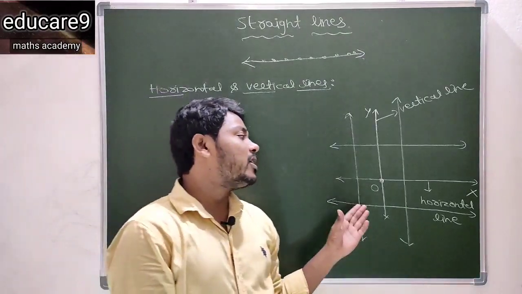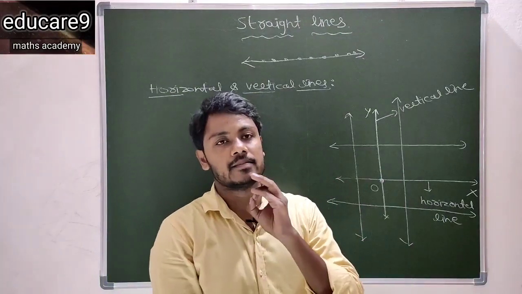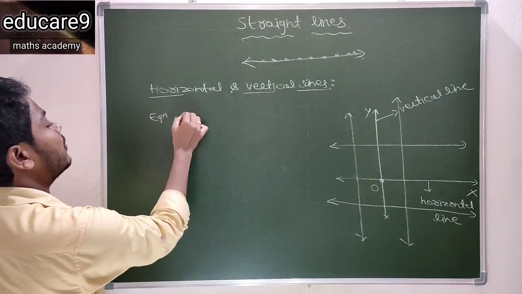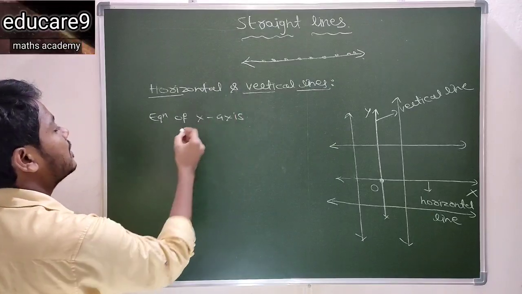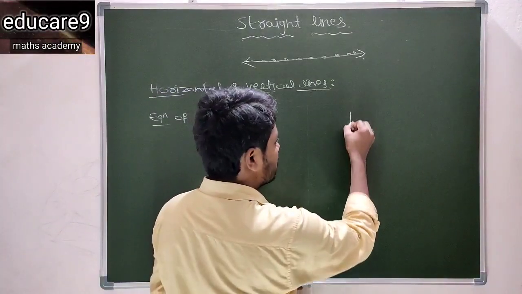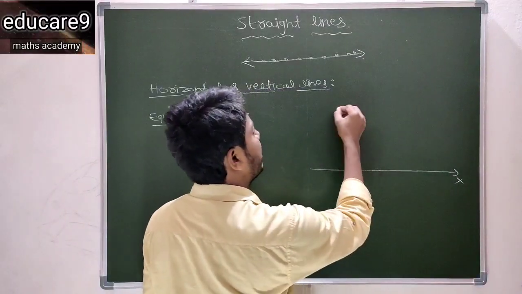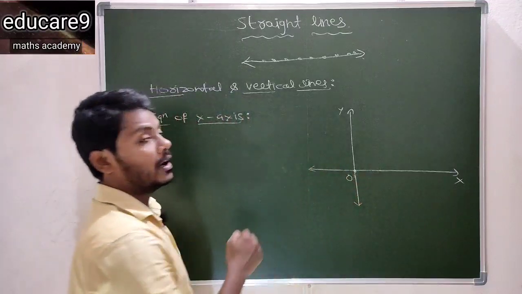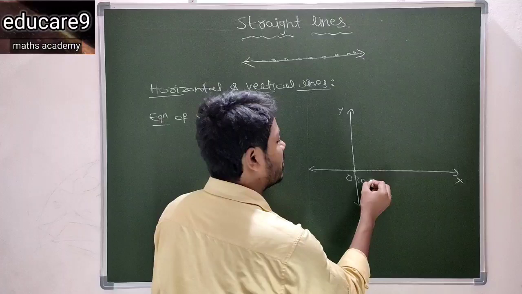Now, what is the equation of the x axis and the equation of the y axis? See here, equation of the x axis. This is the coordinate axes, x and y axis. This is the origin, so this point is 0, 0.